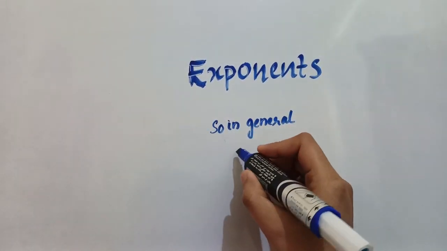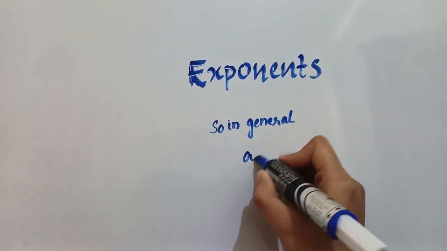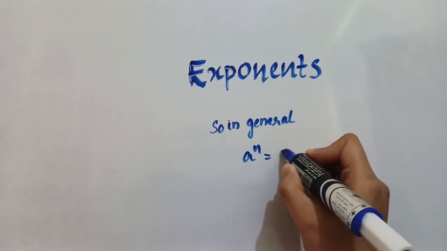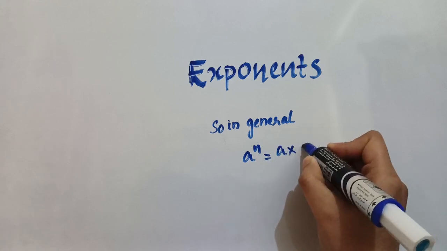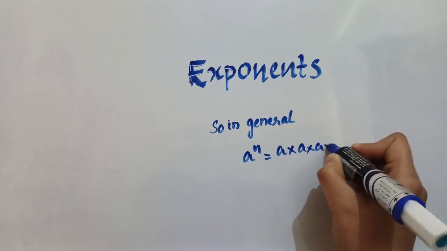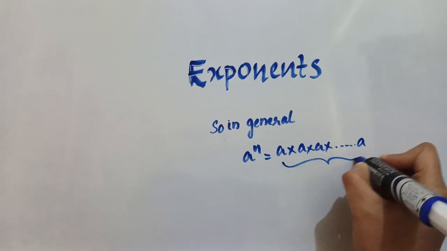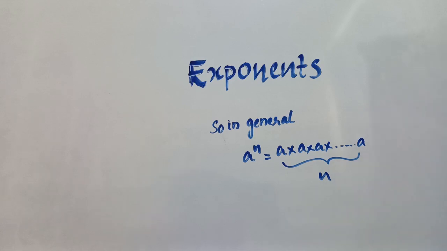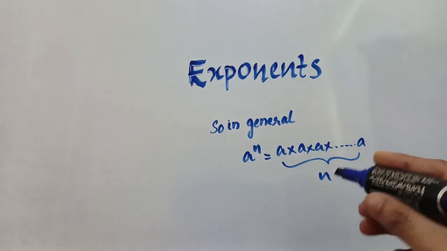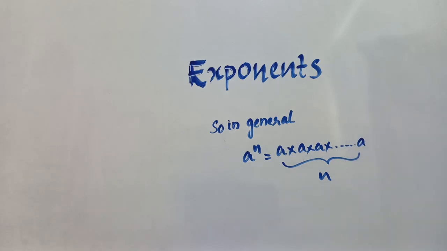So in general, we can write a raised to n is equal to a into a into a into etc. into a for n times. That is, we can say a raised to n tells you to multiply a by itself. So there are n of those a's. That is, we have to multiply a for n times.